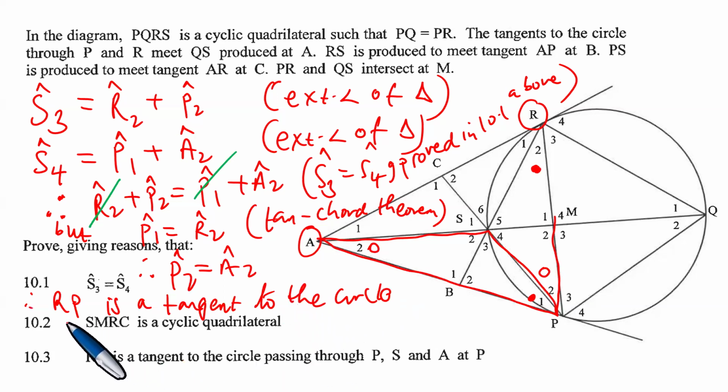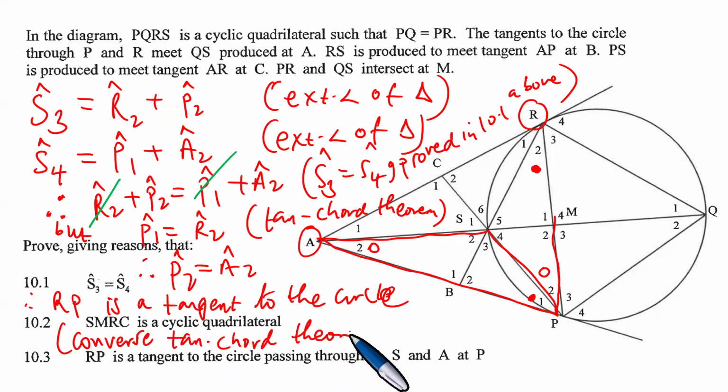And why is this the case? What is the reason for this? The reason for that is because of the converse tan chord theorem.